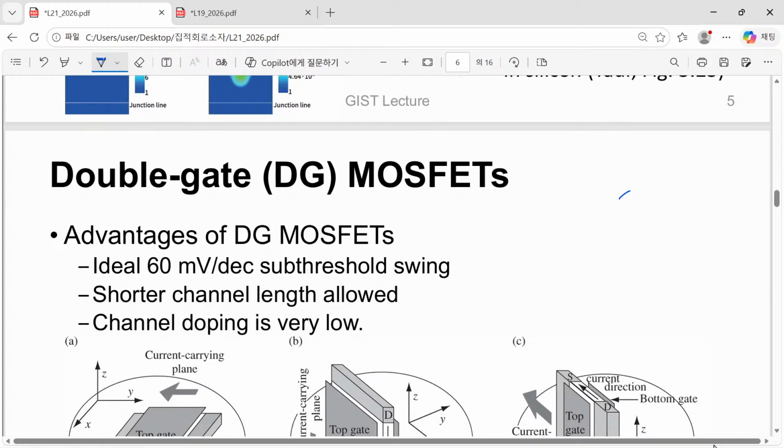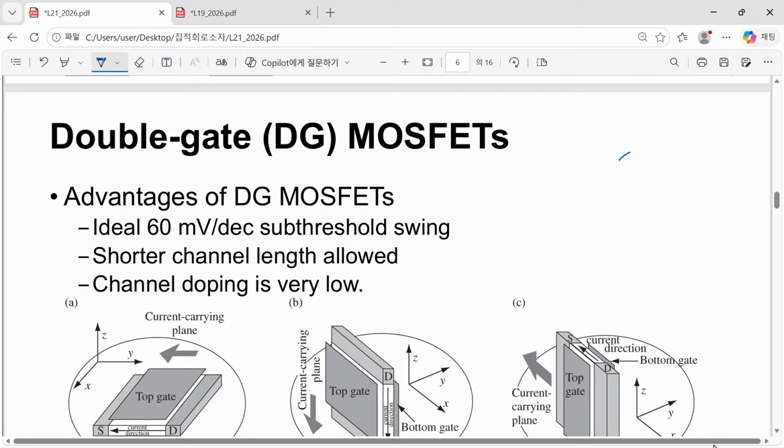Up to now, we have thought about a planar MOSFET. About 15 years ago, the industry made the transition from planar MOSFET to the multi-gate MOSFET. So we are living within the era of multi-gate MOSFET.